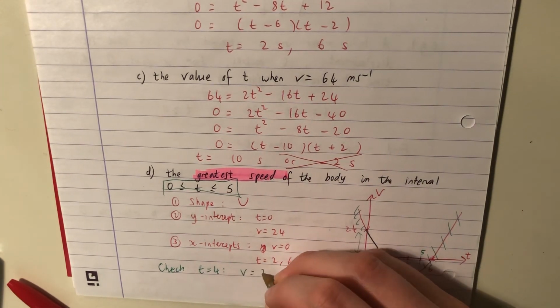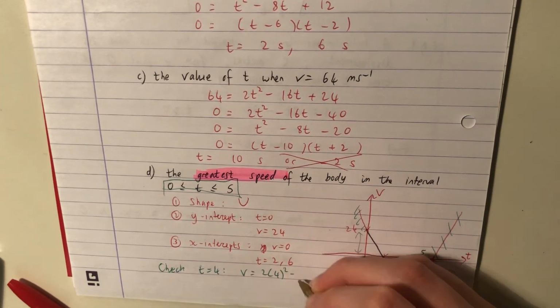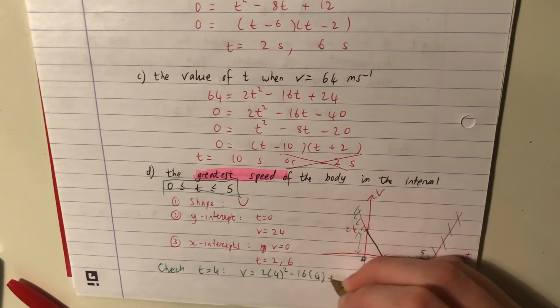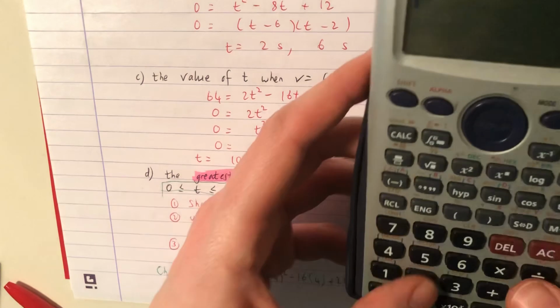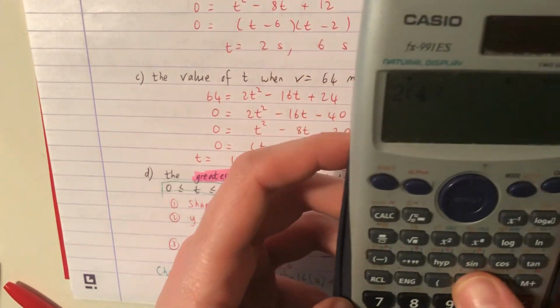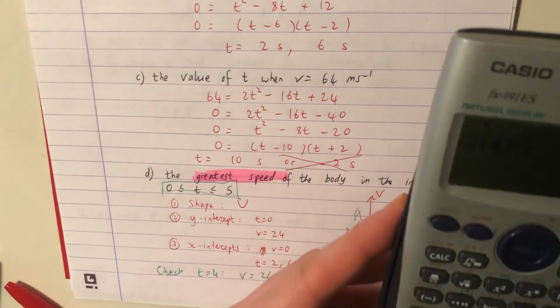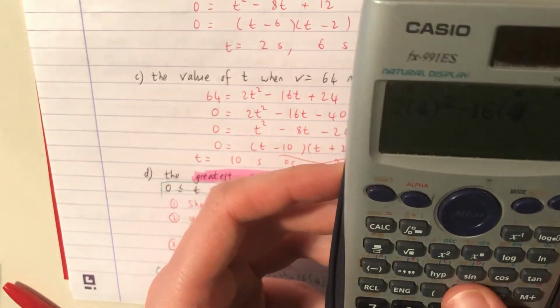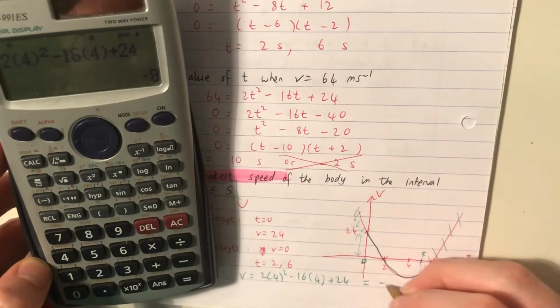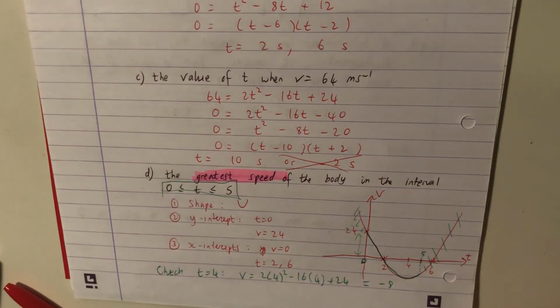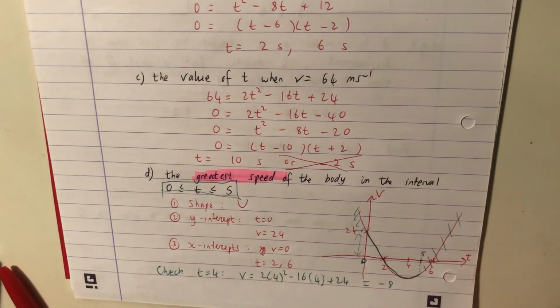V would be equal to 2 times 4 squared, subtract 16 times 4, plus 24, which gives you minus 8. And that speed is not quick enough. So the greatest speed of the body in that interval would be 24.